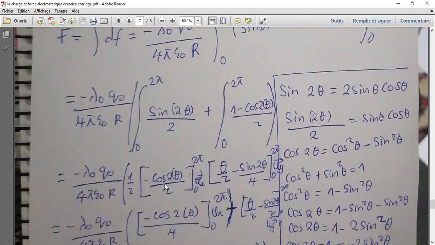So here you see that when you integrate sine 2 theta, you are going to have negative cos 2 theta divided by 2.